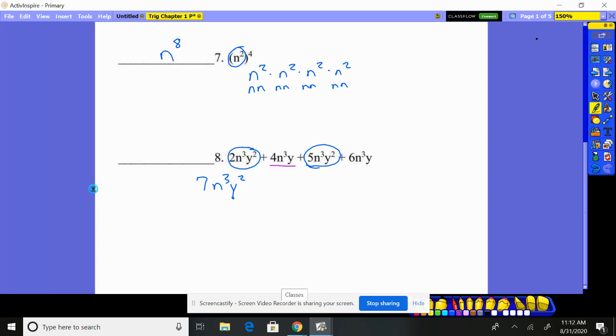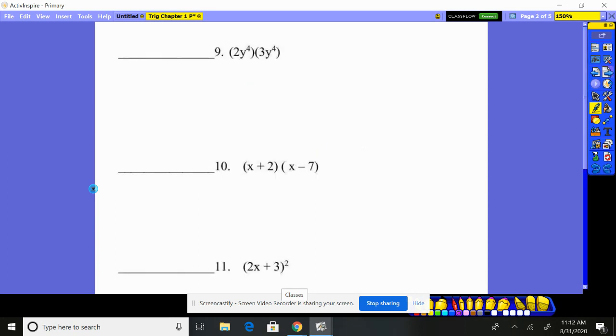And look at this. This is 4n^3y, 6n^3y. So you have 4 of it plus 6 of it, which gives you a grand total of 10 of those n^3y's. That's as far as it goes. You can't add things that aren't exactly the same. So there's problem 8.